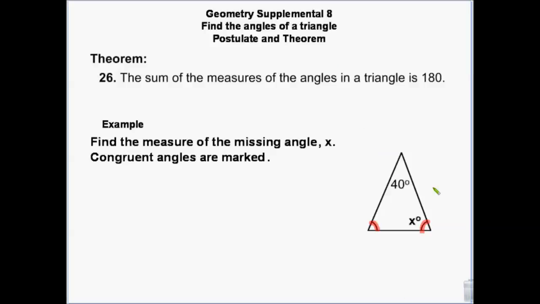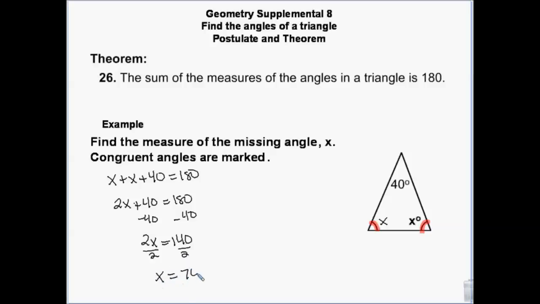So that's telling me that if this is x, then this is also x. And if the whole triangle adds up to 180, I have x plus x plus 40 is equal to 180. So 2x plus 40 is equal to 180. Take 40 away from both sides. 2x is equal to 140. Divide by 2, and x is equal to 70.